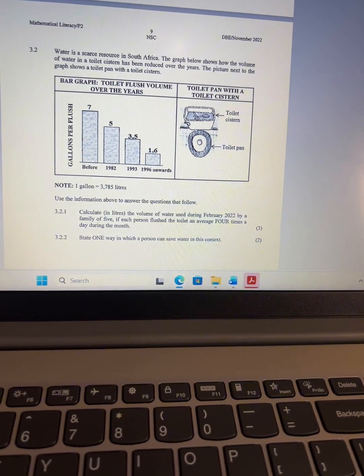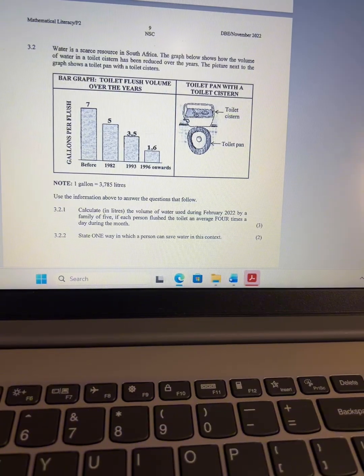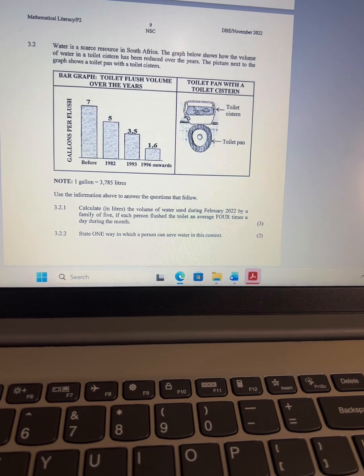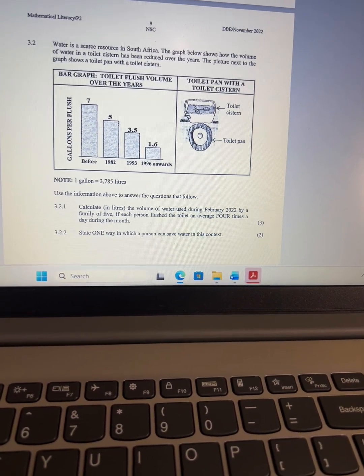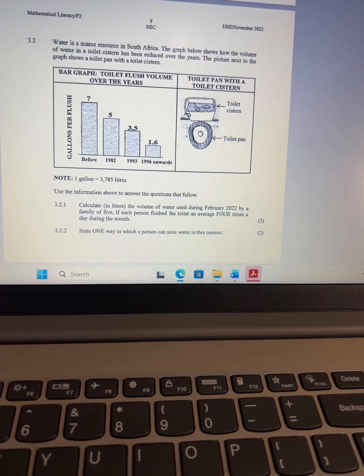Okay, they're saying that we must calculate in liters the volume of water used during 2002 by a family of 5 if each flushed the toilet at average 4 times during the month.